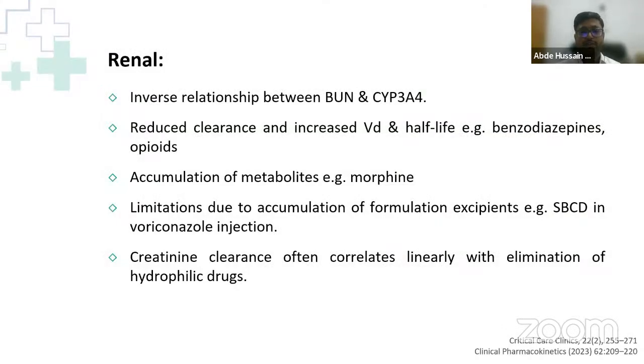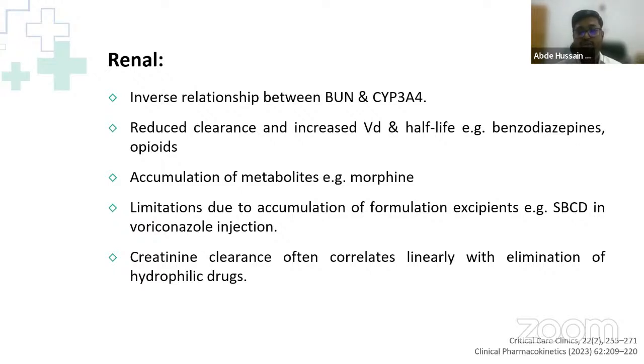Then renal changes. There's an inverse relationship between BUN and CYP3A4. An increase in BUN will lead to decreased function of CYP3A4 and further decreased metabolism of drugs which are cleared by CYP3A4. Reduced clearance and increased VD. Due to decreased clearance, water and fluid accumulation can lead to an increased VD and independently affects the half-life of various drugs such as benzodiazepines and opioids.